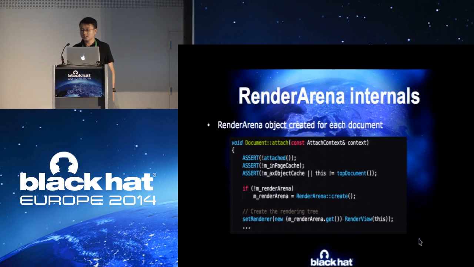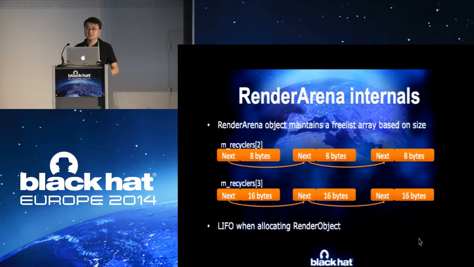So the RenderArena will be created for each document when the document is created. Internally, it maintains a single linked list with a next pointer to other blocks to store those free lists.